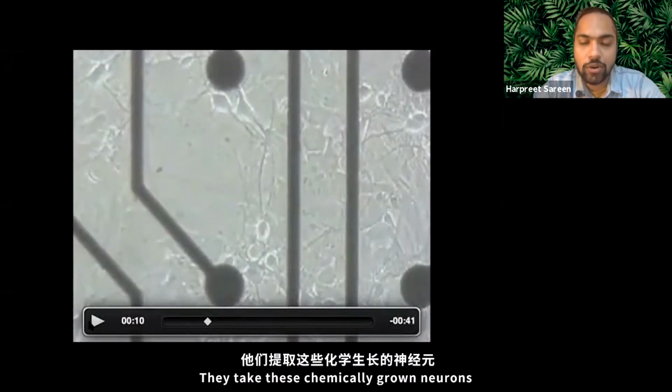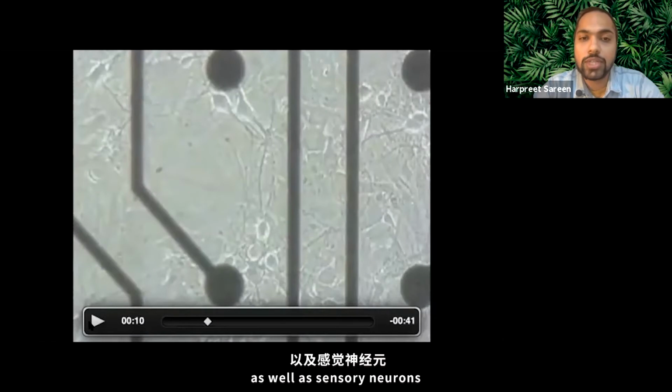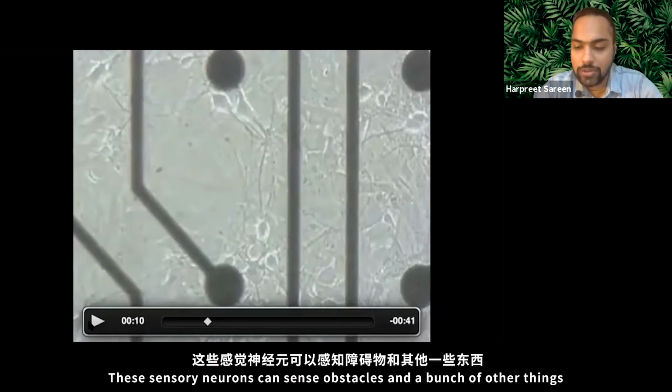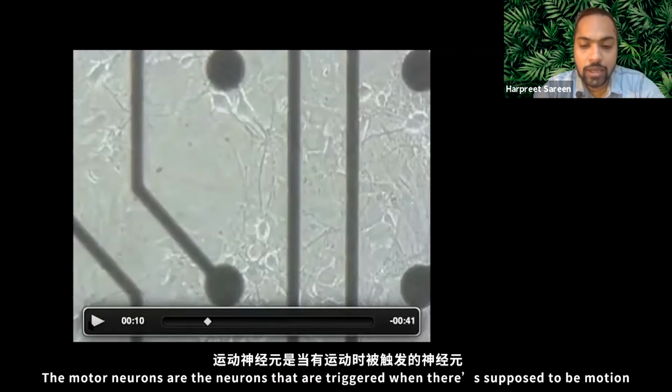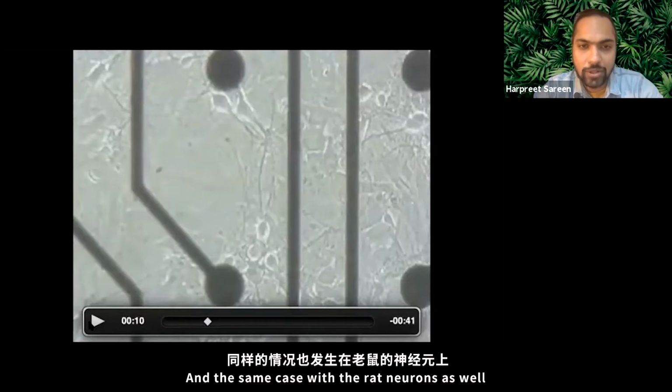They take these chemically grown neurons, and after growing them, they separate them into motor neurons as well as sensory neurons. The sensory neurons, as you would expect, can sense obstacles and a bunch of other things. The motor neurons are the neurons that are triggered when there's supposed to be motion. So if I think about motion, my motor neurons will start to fire up. And it's the same case with the rat neurons as well.